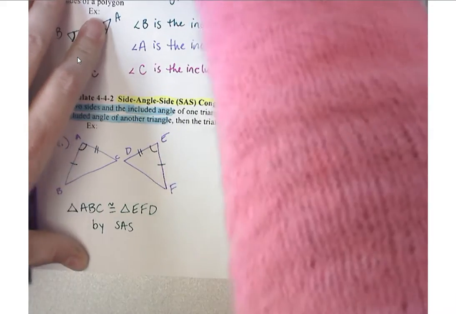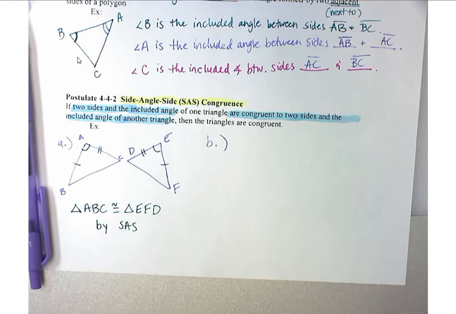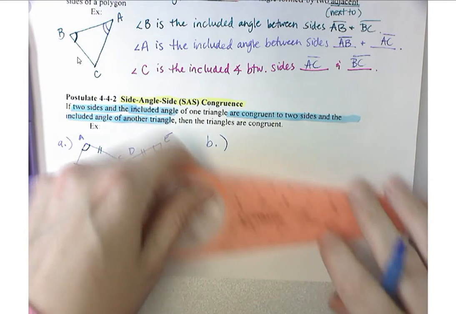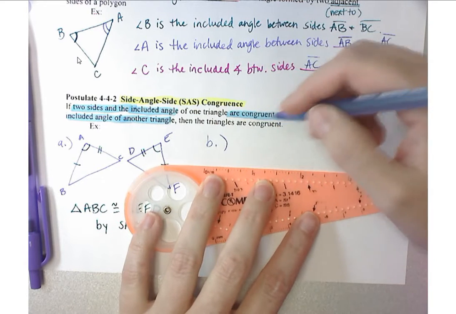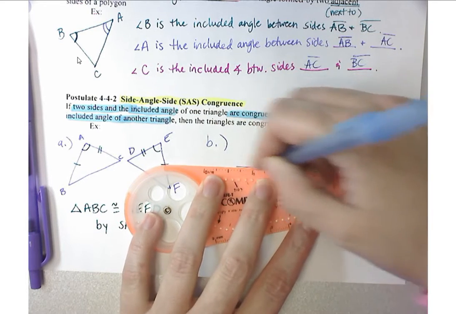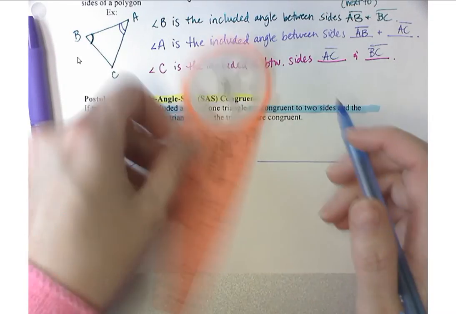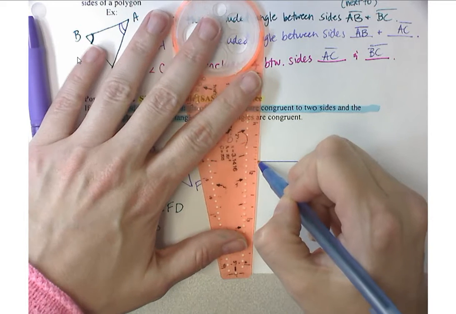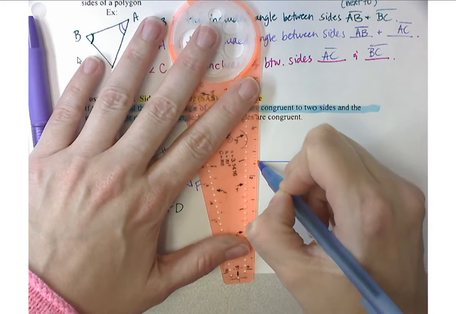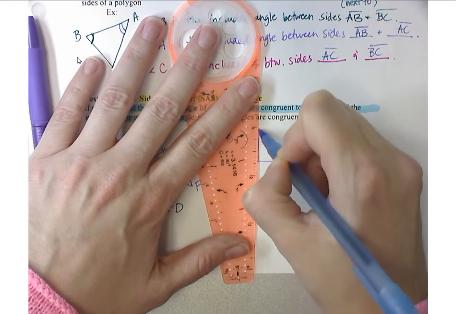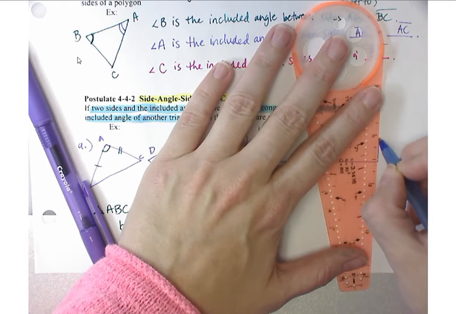All right, let's do one that looks a little bit different. So sometimes you're going to have triangles that overlap. So we're going to start with a straight line. And we're going to go up, and then go ahead and go up again.